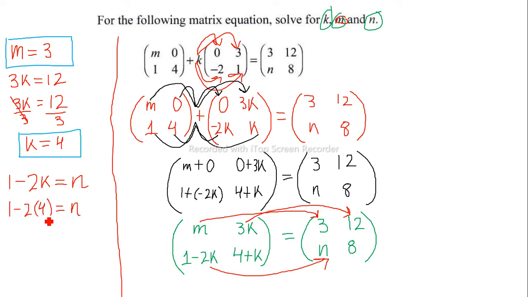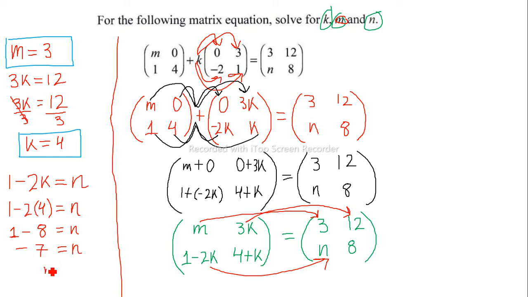So what is 2 times 4? 8. Very good. So this is 1 minus 8, which is equal to n. What is 1 minus 8? Negative 7. Because if you have $1 and you owe someone $8, you give them the $1, and that means you still owe them 7.